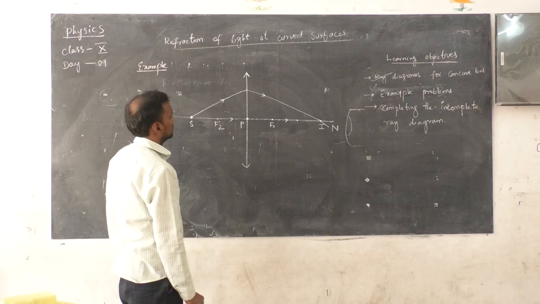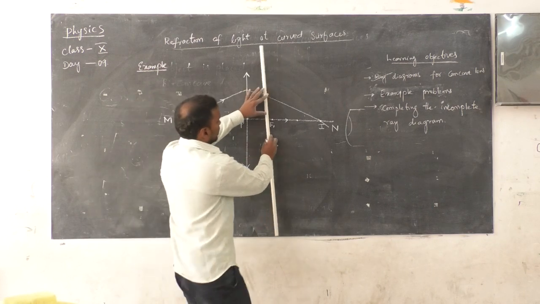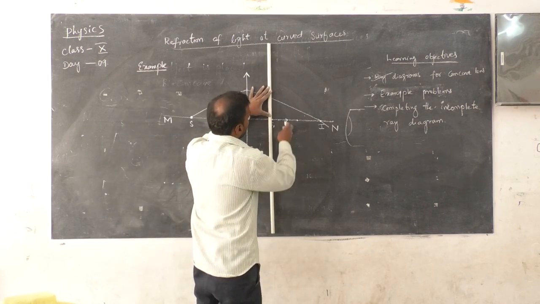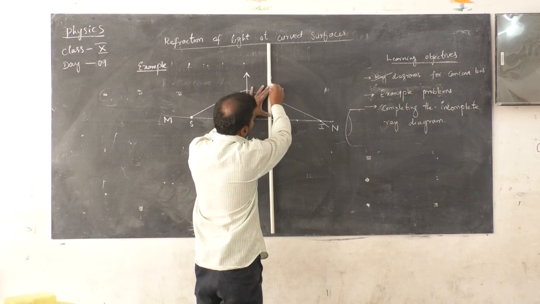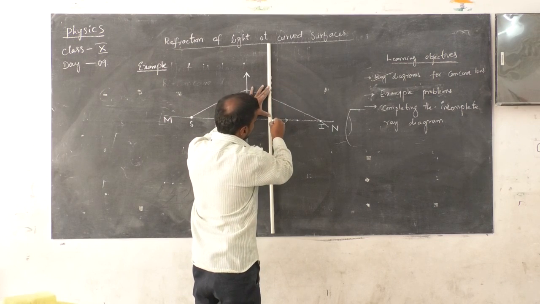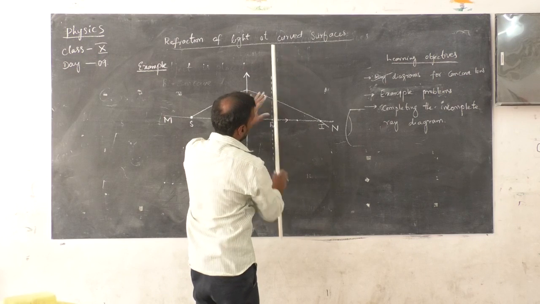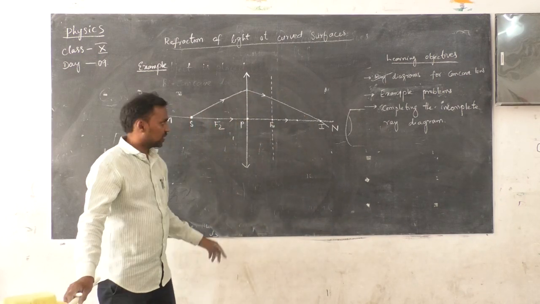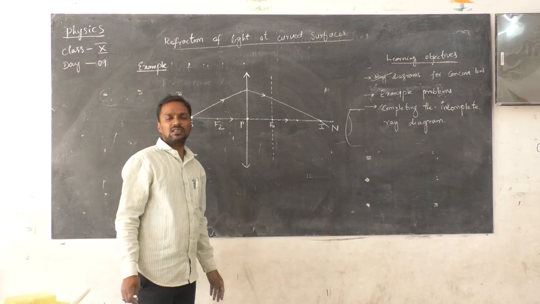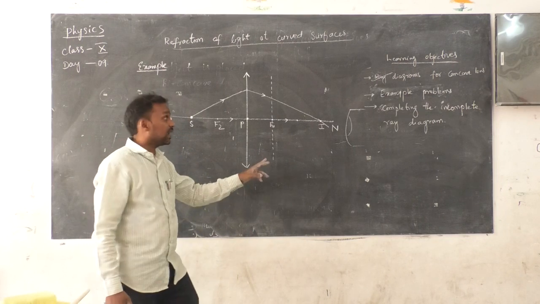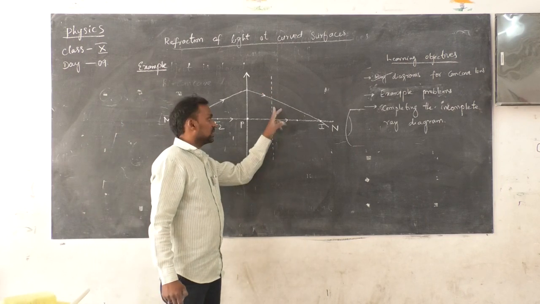Next, now you draw a perpendicular from the focus, as we discussed in the earlier class. The perpendicular drawn from the focus on the principal axis is called the focal plane. This perpendicular line is called the focal plane.